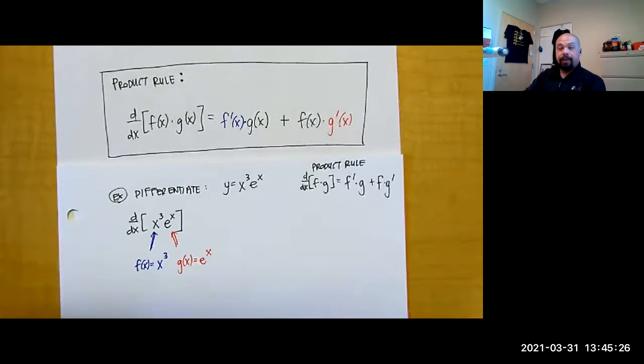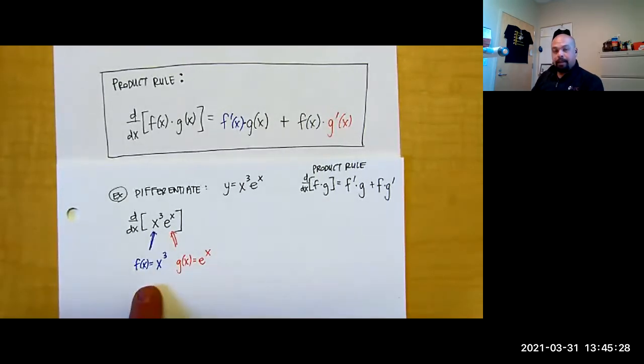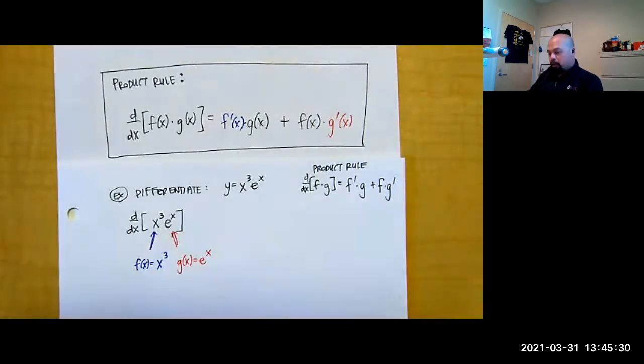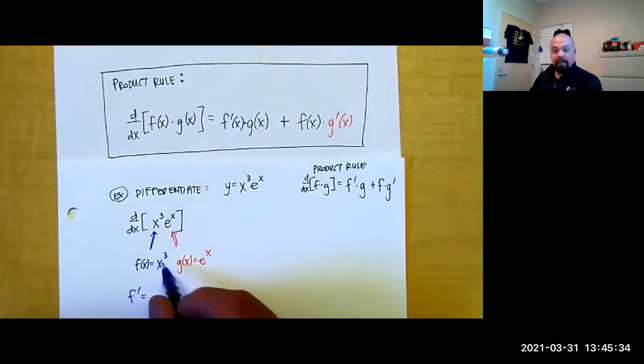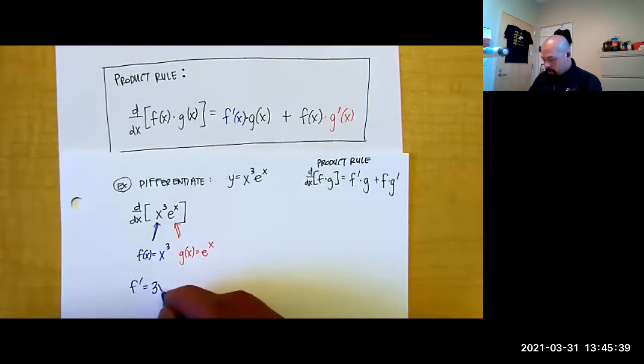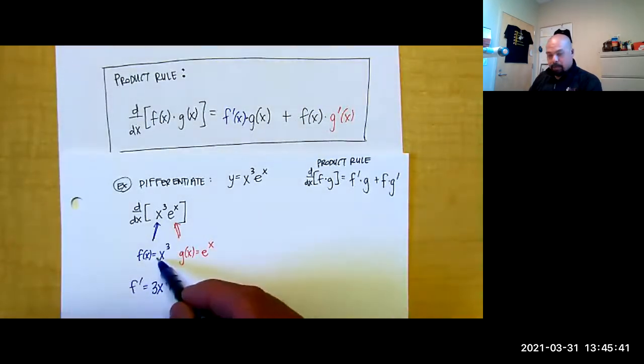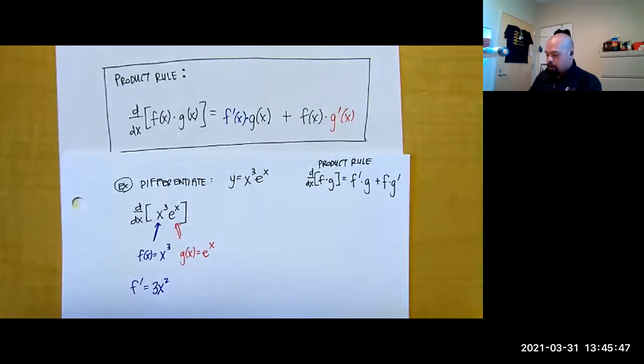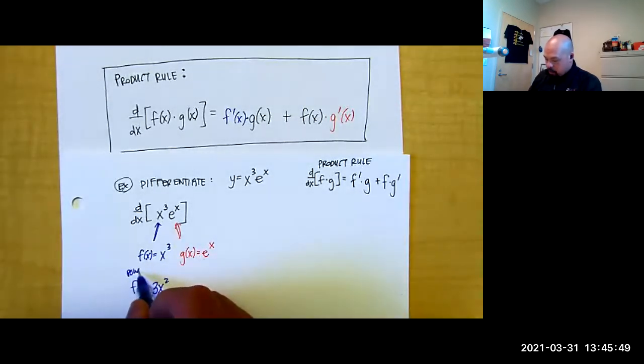So in this case, identifying our f and g, our functions that we're multiplying: f prime, derivative of x cubed, that power rule, 3x squared. The power comes down, drop the exponent by 1, subtract 1 from 3, 2, 3x squared. So there's our power rule.